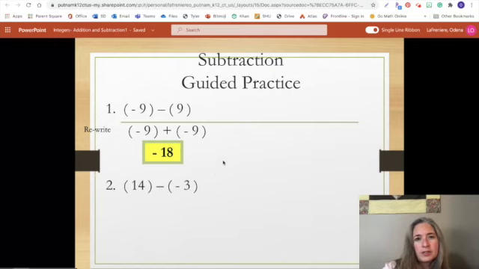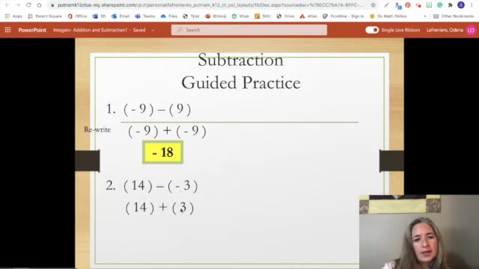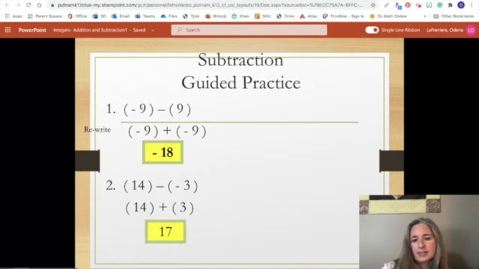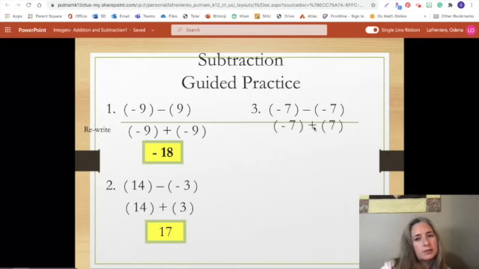Here's another one, so rewrite it. And when you do, this would stay the same. Subtraction changes to addition, negative changes to positive. And that would be 17. And then here, subtraction changes to addition, negative changes to positive, and then you would add those and get 0.